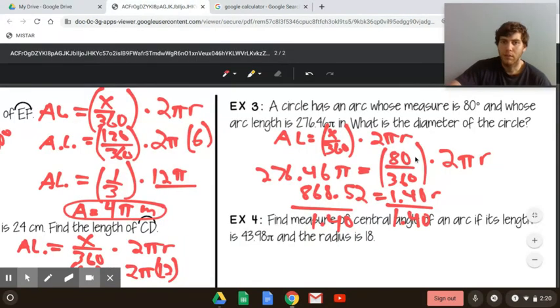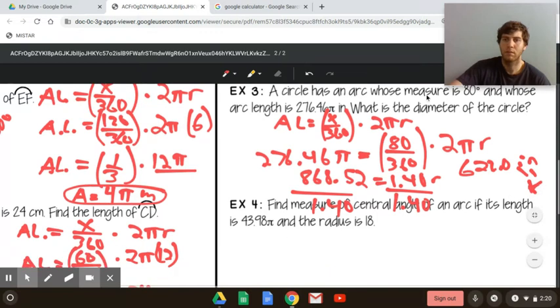And that should be inches, right? So 622.0 inches equals our radius.